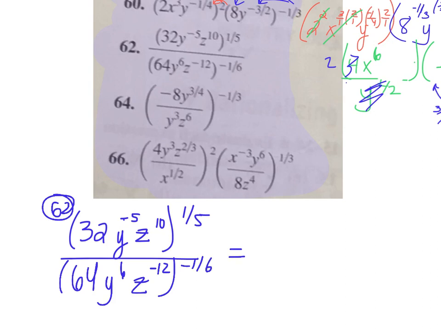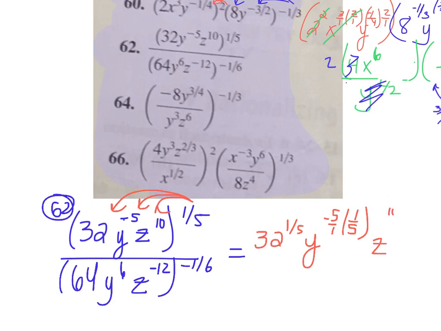Okay, so first of all, what do I do with the fraction that's on the outside? Everything. So I have 32 to the 1/5. Then I have y to the negative 5 over 1 times 1 over 5. And then I have z to the 10 over 1 times 1 over 5. Agreed?